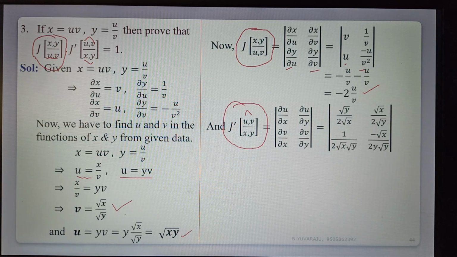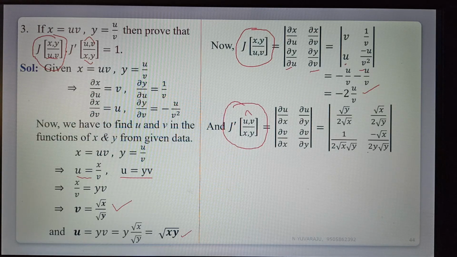Next ∂v/∂x, root x and 1 by 2 root xy, ∂v/∂y is the derivative of 1 by root y, minus 1 by 2 into y power 3 by 2.